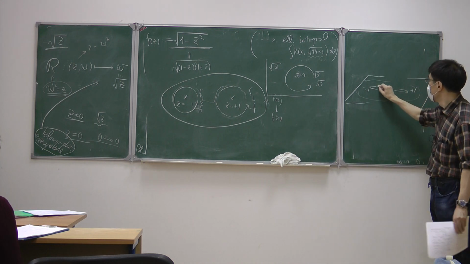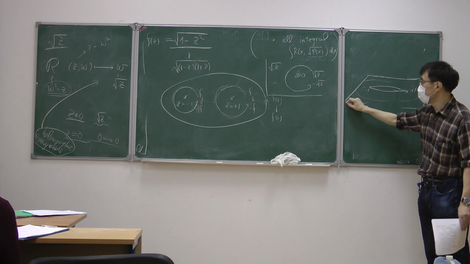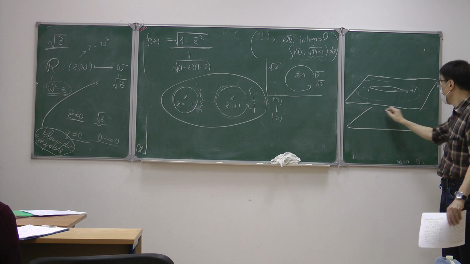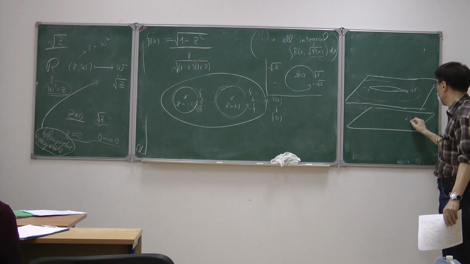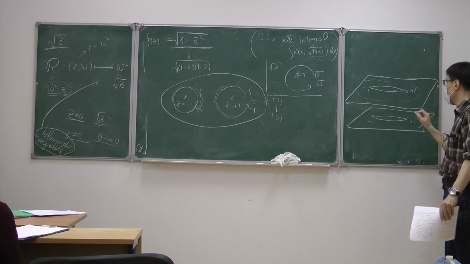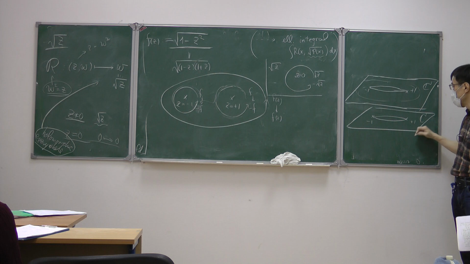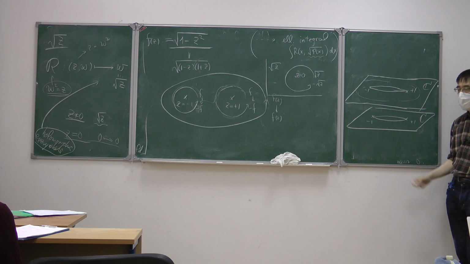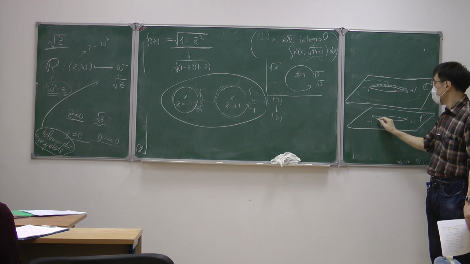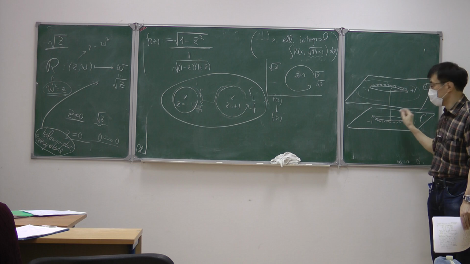So the reasonable construction of the Riemann surface for this function is gluing two complex planes like this. This side is glued to this side.